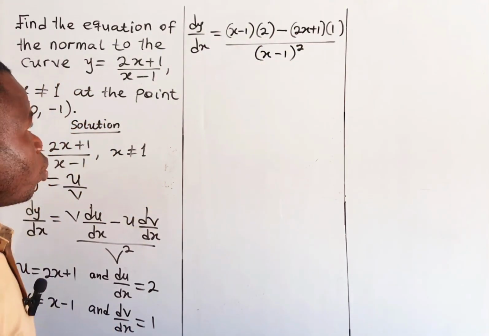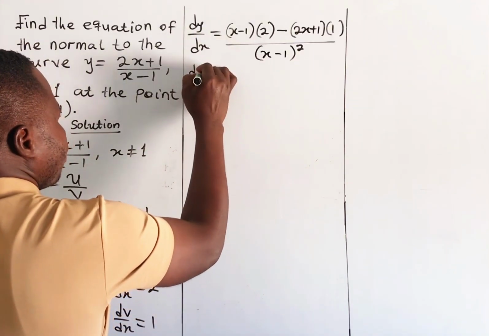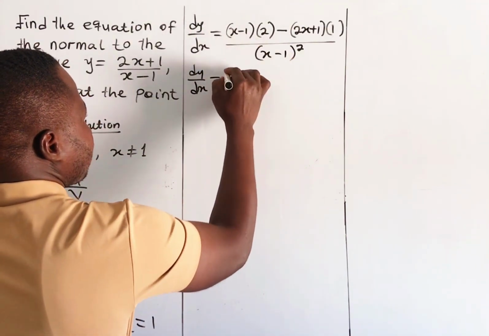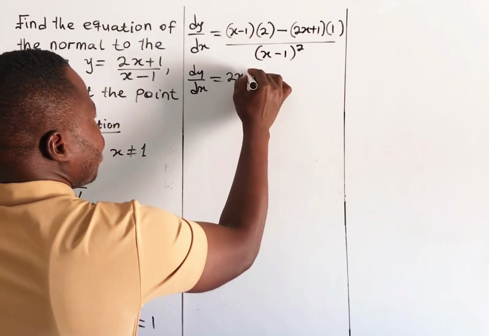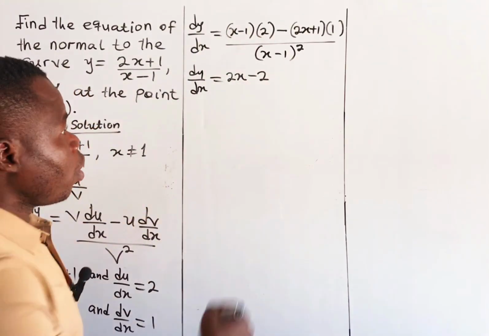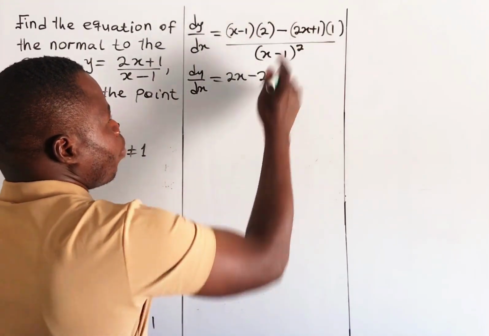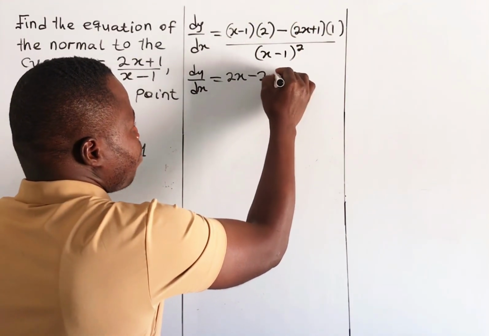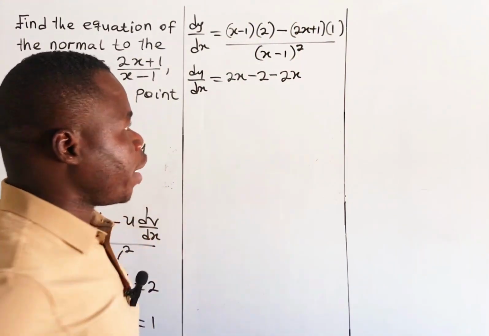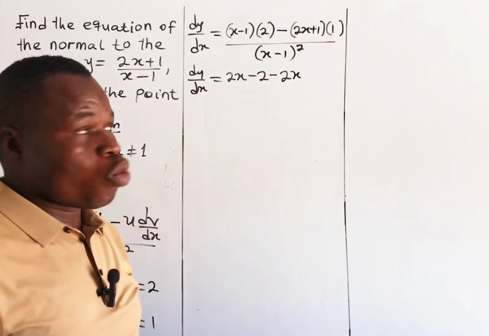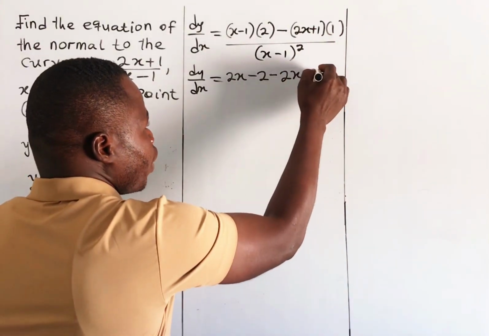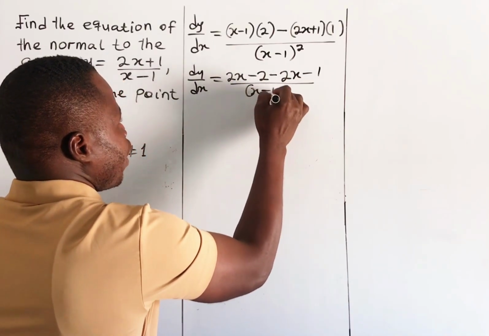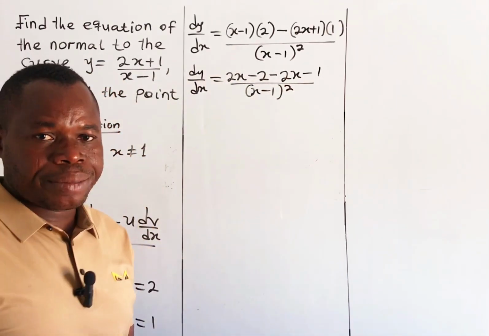I will continue to expand the numerator. So dy dx will be equal to 2 times x, 2x, 2 times minus 1, minus 2. Then 1 times 2x, but this minus is affecting everything. So 1 times 2x is 2x, but the minus sign will come, that will be minus 2x. 1 times 1 is 1, and the minus sign will still go in, that will be minus 1, all over x minus 1 all squared.